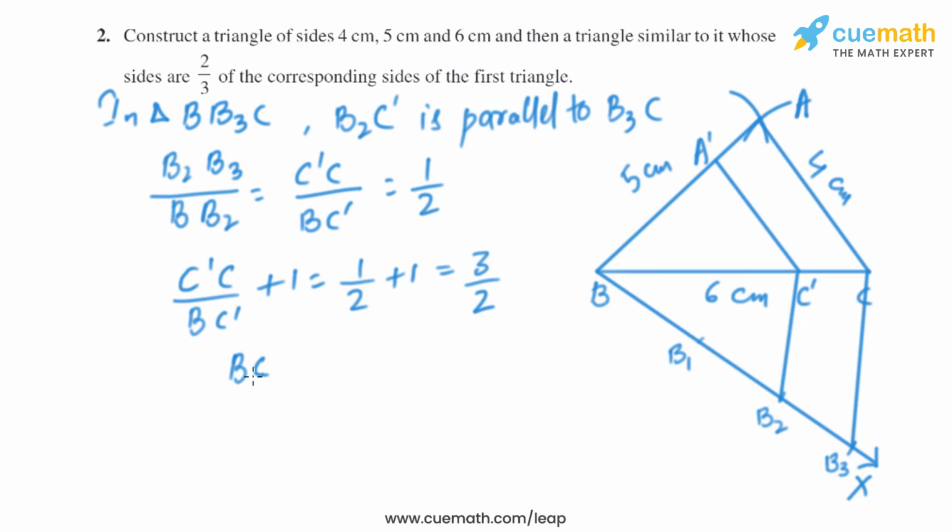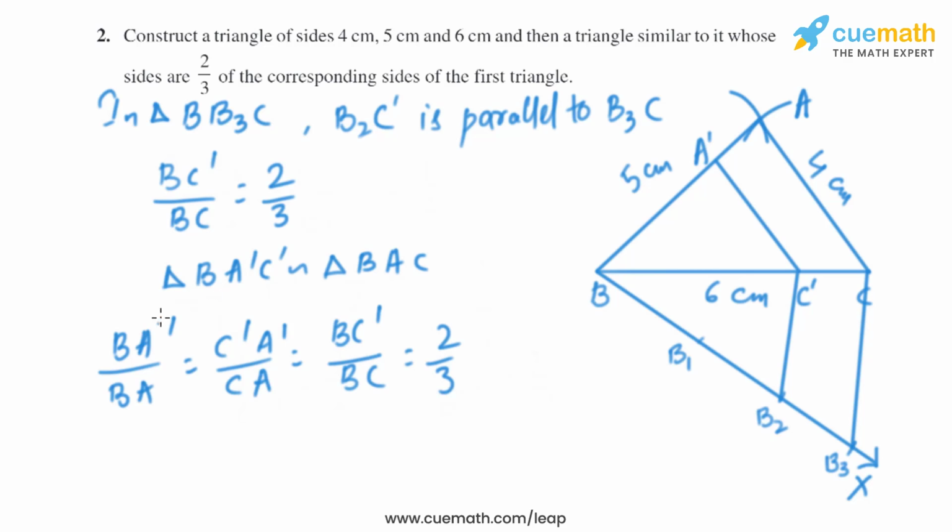So we will get BC divided by BC' that equal 3 by 2, or we can say BC' divided by BC that equal 2 by 3. Now triangle BA'C' is similar to triangle BAC by AAA similarity criteria. So we can say that BA' by BA equals C'A' by CA equal BC' by BC equal 2 by 3.